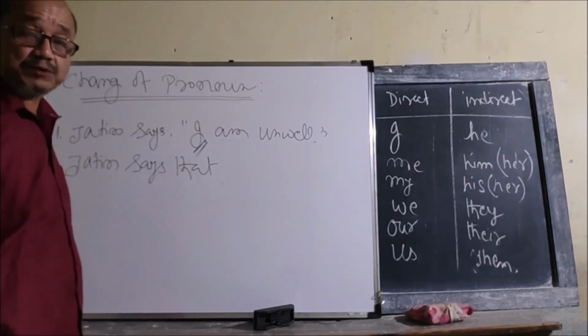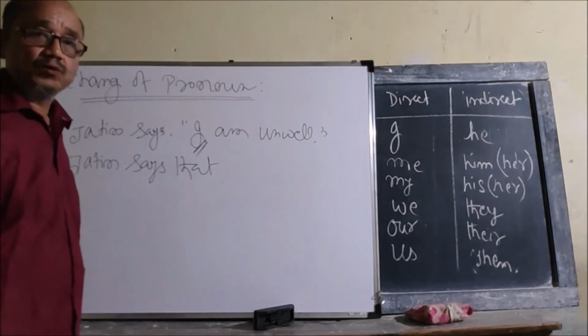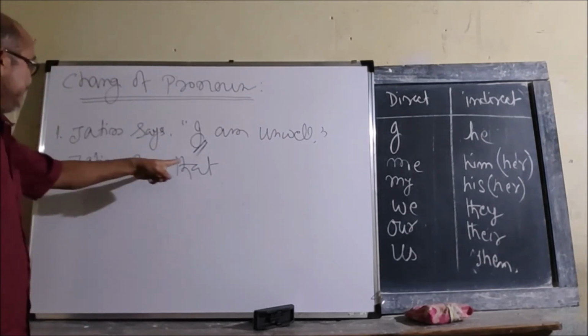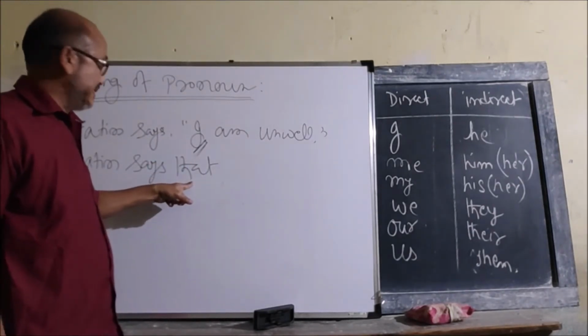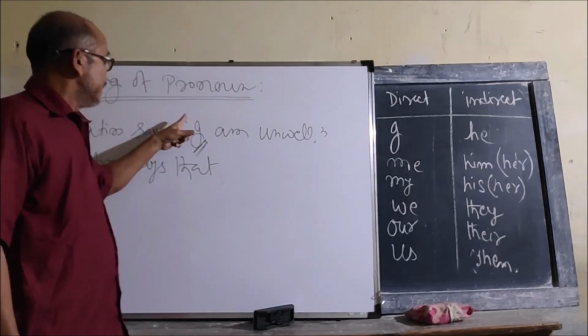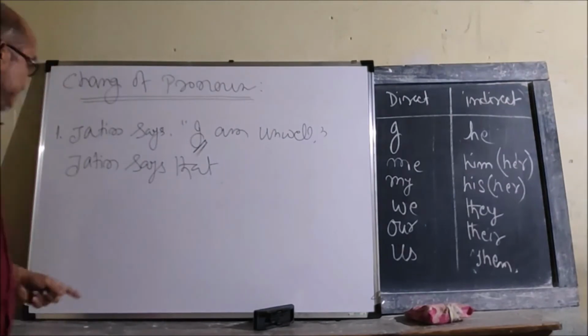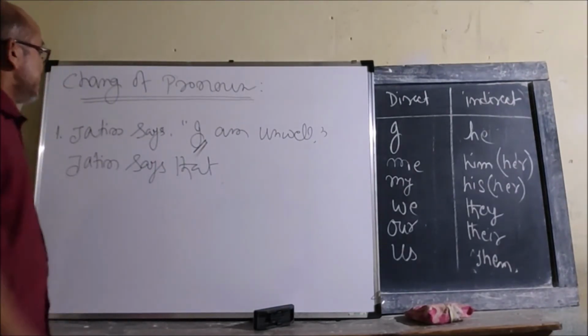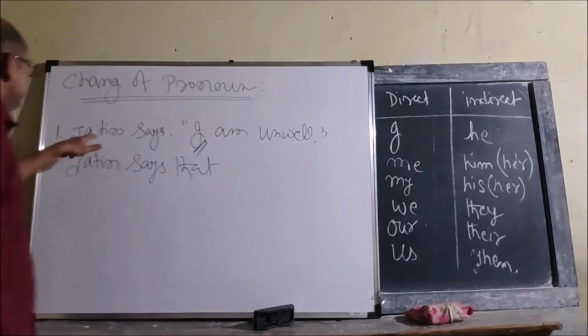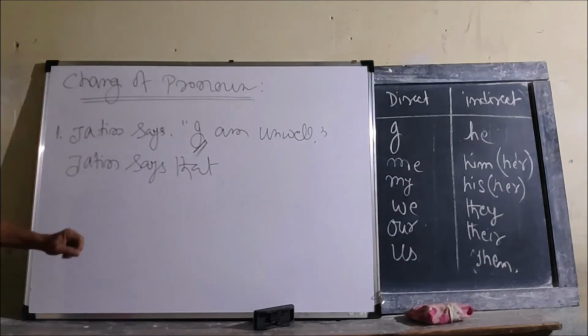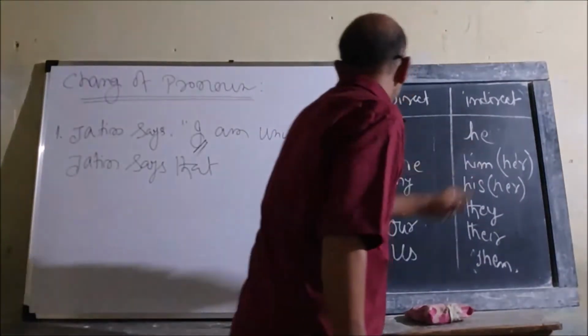So gradually we will discuss it. Here, that comes in general sentences, when we remove the inverted commas. So Jyotin says that this I refers to the subject of the reporting verb.